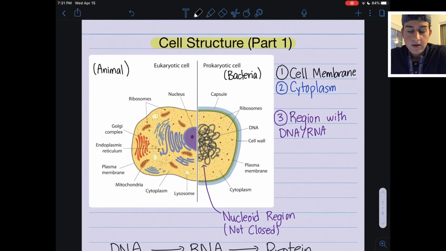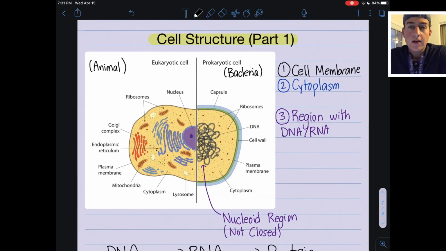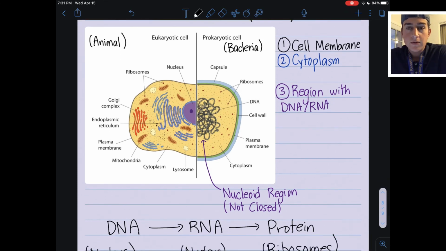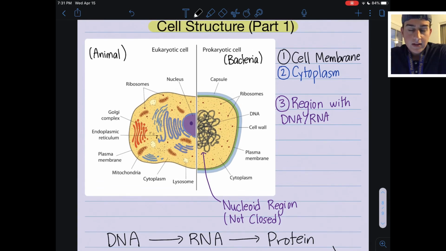So the last thing we went over was cell structure, and I'm not going to go too into detail, but I'm going to do a little summary. So we know all cell structures have a cell membrane, a cytoplasm, and a region with DNA and RNA. If we look at the left side, it's a eukaryotic cell, and the right side, a prokaryotic cell. They both have cell membranes, also known as plasma membranes. They have a cytoplasm.